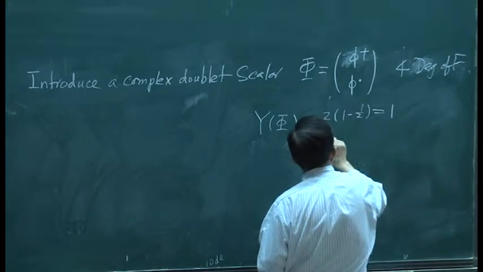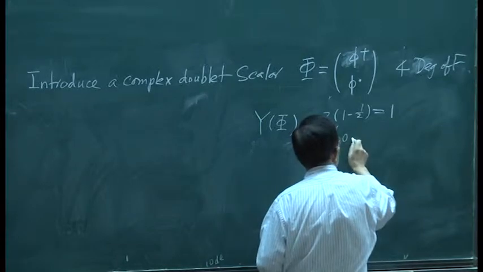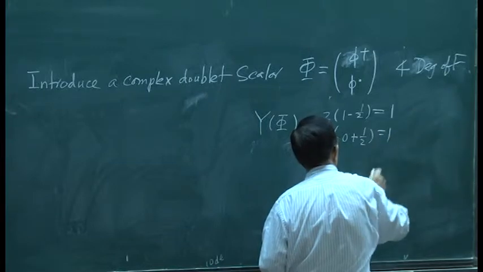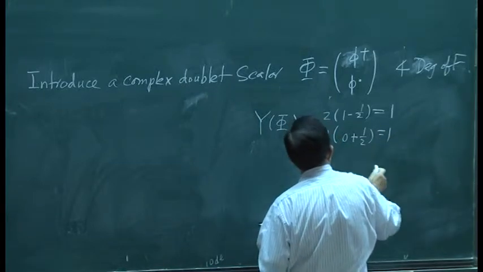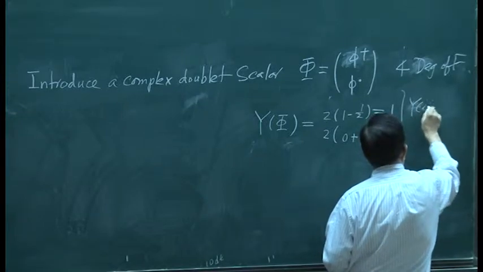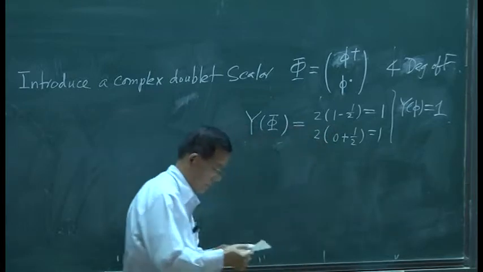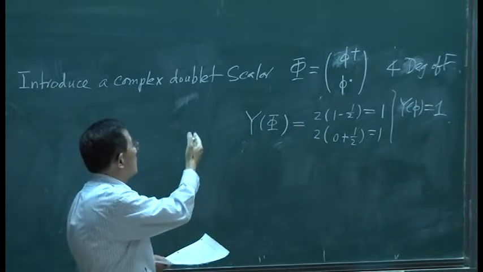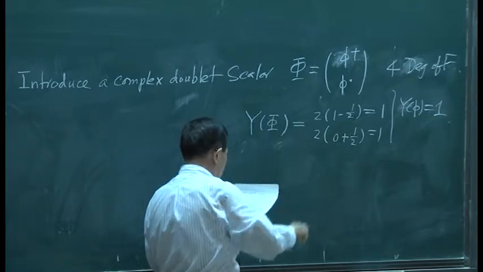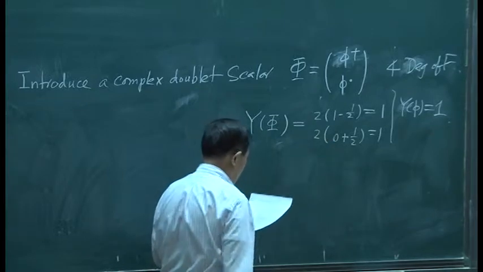For the lower component, the charge is 0, and T3 is minus 1/2, so it becomes 1/2, so equal to 1. In other words, the hypercharge of phi is equal to 1. So you can write down the coupling of the Higgs scalar field to the gauge field using the instruction we learned from there, okay?